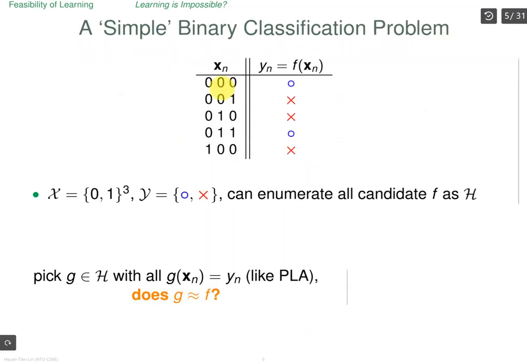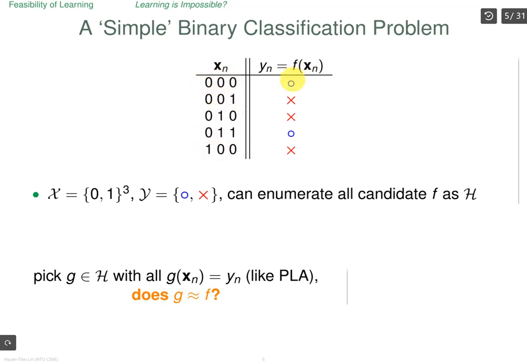Let's take a look at this simple binary classification problem. So here in this example we see data corresponding to 5 different examples of binary value. Each example has a 3-dimensional feature. Each feature is 1 or 0.